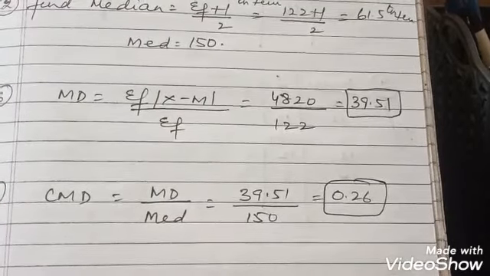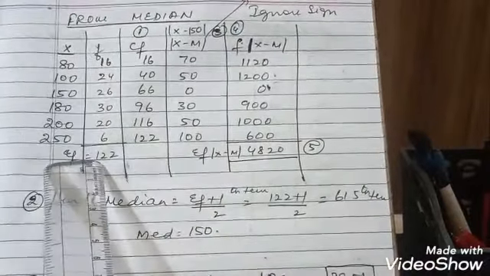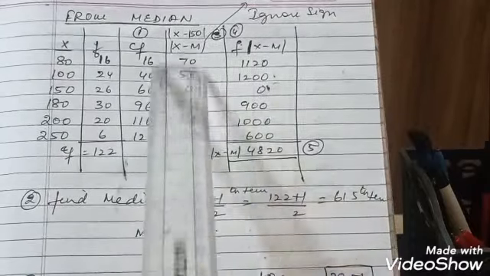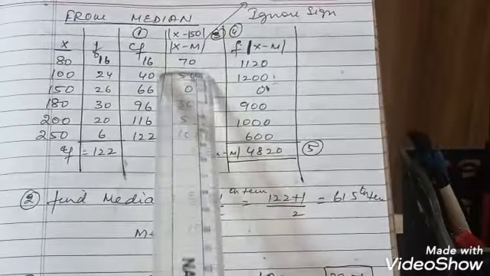For the sake of convenience, I'll quickly recap the whole method. You have been given this as a numerical. You'll find median, right? Median is 150. Then you'll find modulus of x minus m, which is here 70 and all.